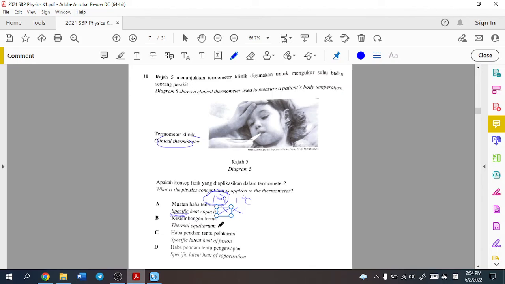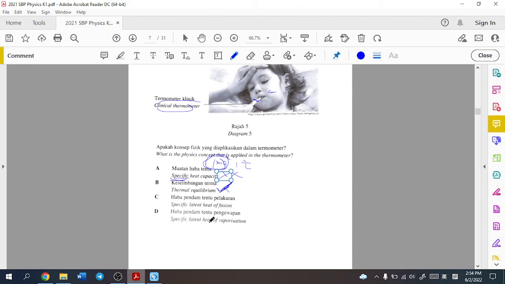Thermal equilibrium, yes, because heat from this child is transferred to the thermometer until they reach equilibrium. So the temperature of this thermometer equals the temperature of this child, so this is correct. This is true.